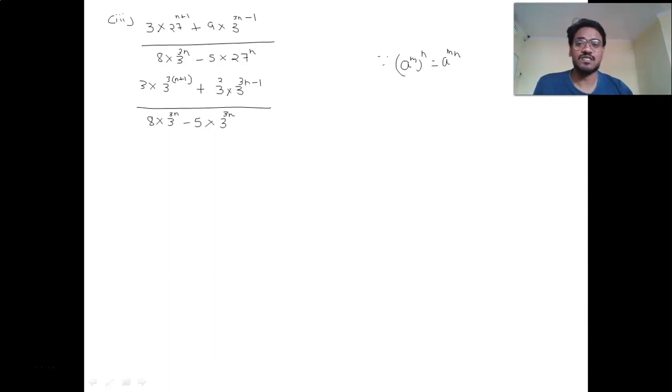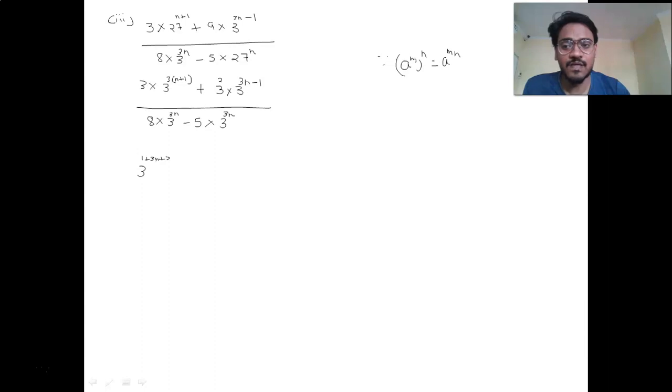Now see students, in the numerator, 3 into 3, their bases are the same, so these powers can be added. Let me add these 2 powers. See, 3 to the power 1 added to this 3 to the power of 3 times n plus 1 in the bracket. 3 raised to the power 1 plus, if this 3 gets multiplied in the bracket, it will be 3n plus 3.